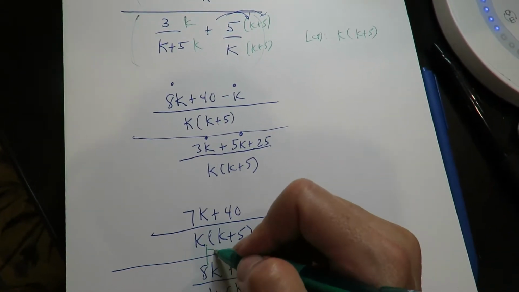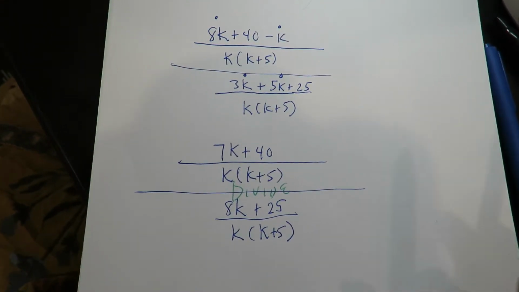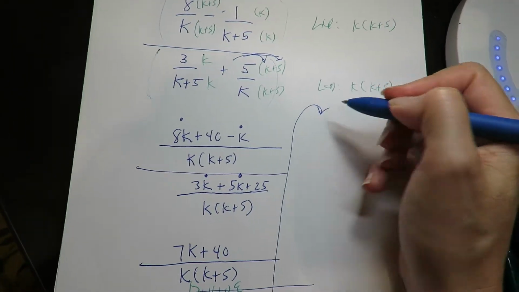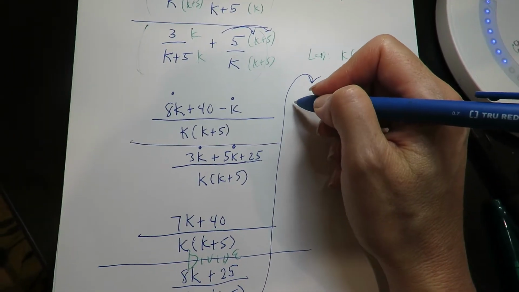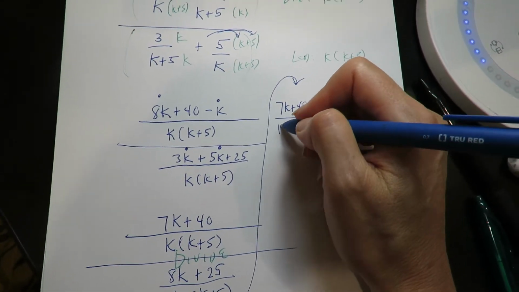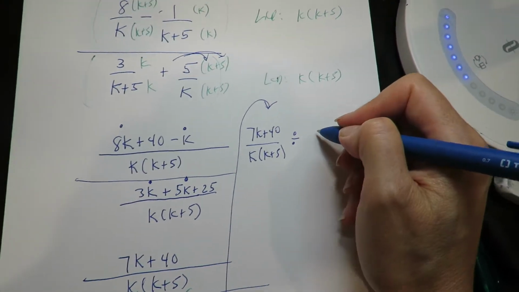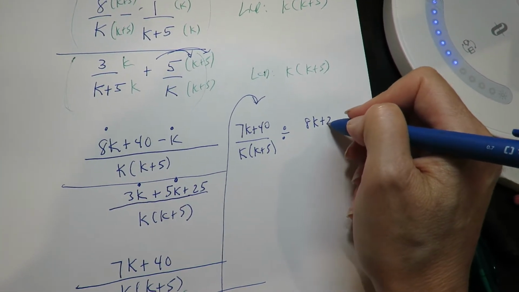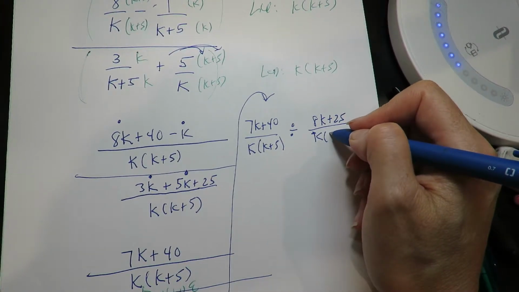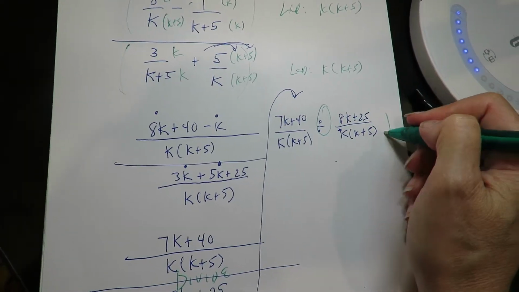Alright, so if some of you know how to reduce at this point, you can reduce it here. I'm just going to work them out the same way so I don't confuse anybody. Alright, now I'm going to convert it to division. Alright, now we're going to do the flip of it.